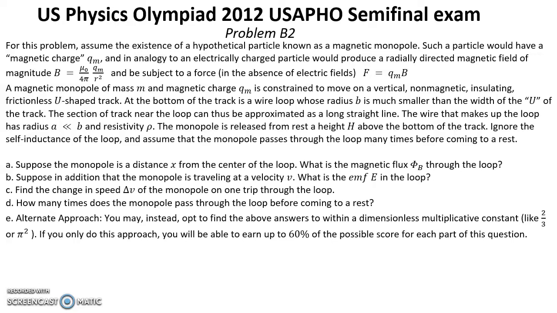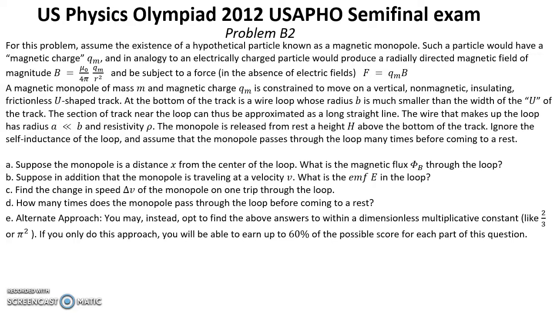Such particle would have a magnetic charge Qm, and in analogy to an electrically charged particle would produce a radially directed magnetic field of magnitude B equal mu0 over 4 pi multiplied by Qm over r square, and be subject to a force in the absence of electric fields F equal Qm multiplied by B.